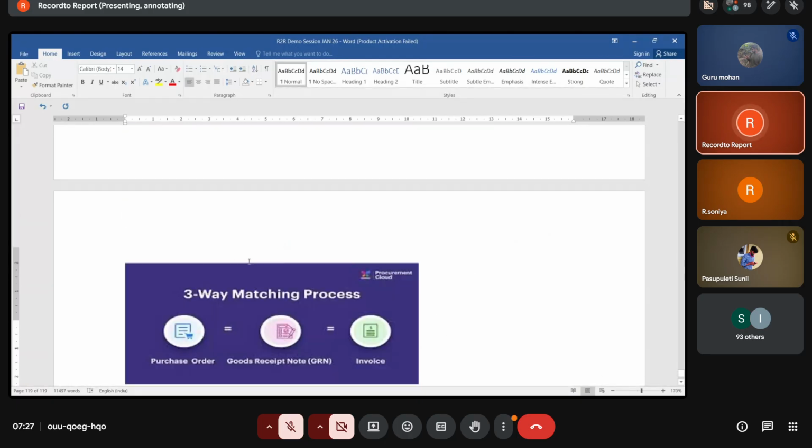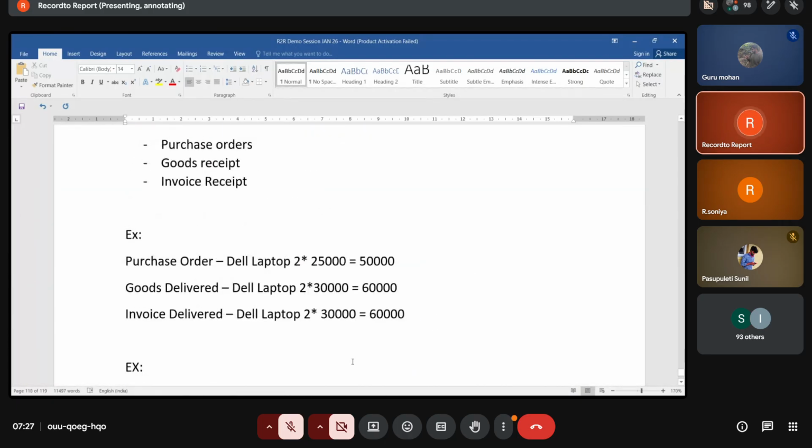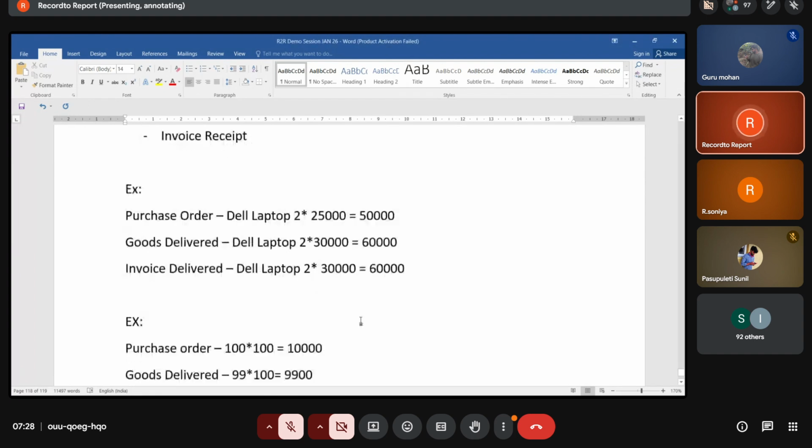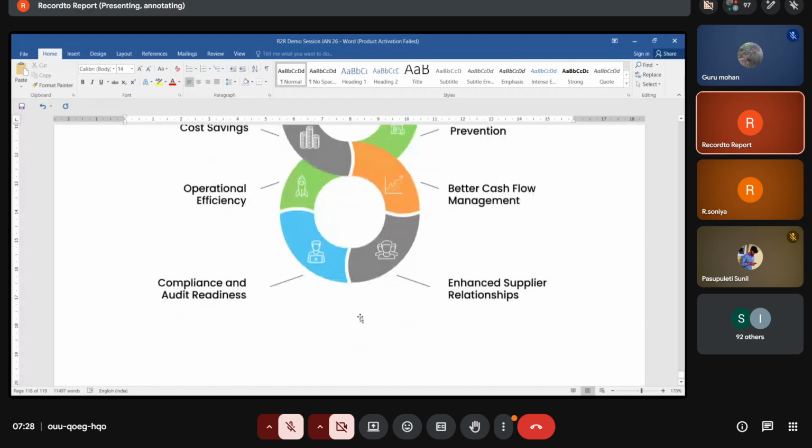So this is called three-way matching, matching of purchase order, goods receipt, and invoice receipt. It is very important to understand any kind of fraud or anything which is happening. So before booking the invoice, we need to do this three-way matching. Companies will perform the three-way matching. Is it clear?